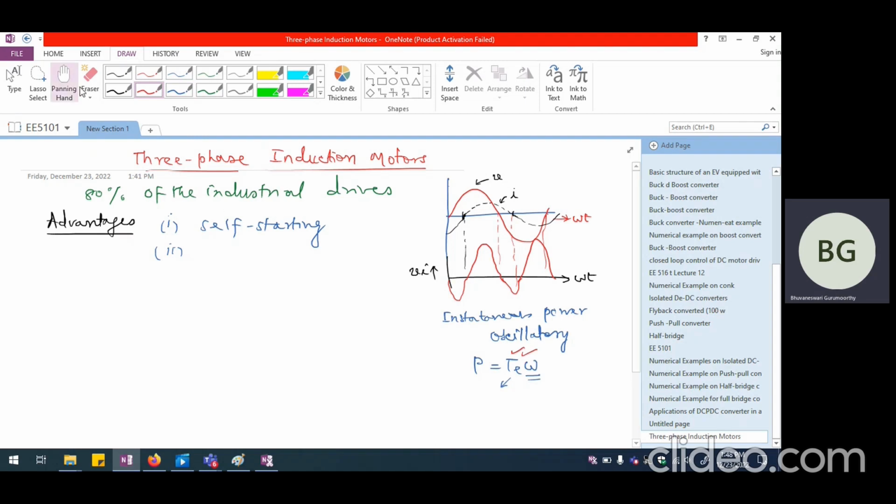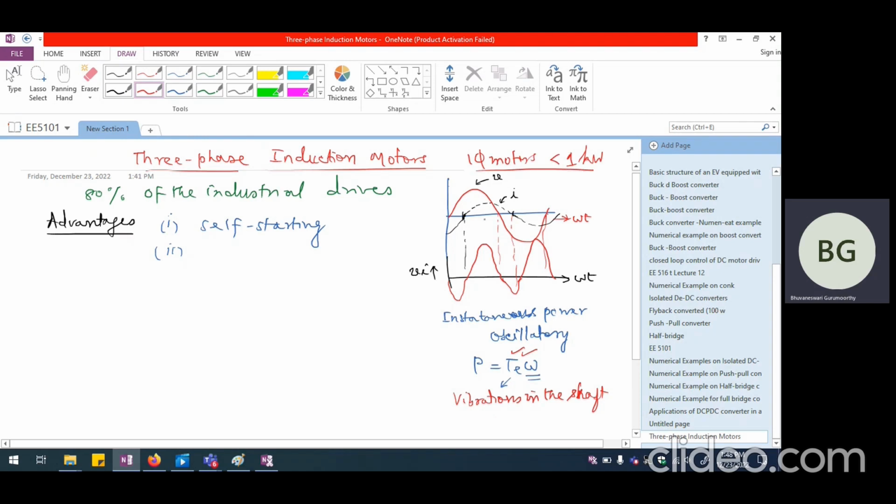So if we are going to have oscillations in the torque, in that case, you will see vibrations in the shaft. That is the reason why generally single phase motors are hardly ever used beyond 1 kilowatt capacity. So if you look at single phase motors, generally they are used in applications only less than 1 kilowatt capacity.